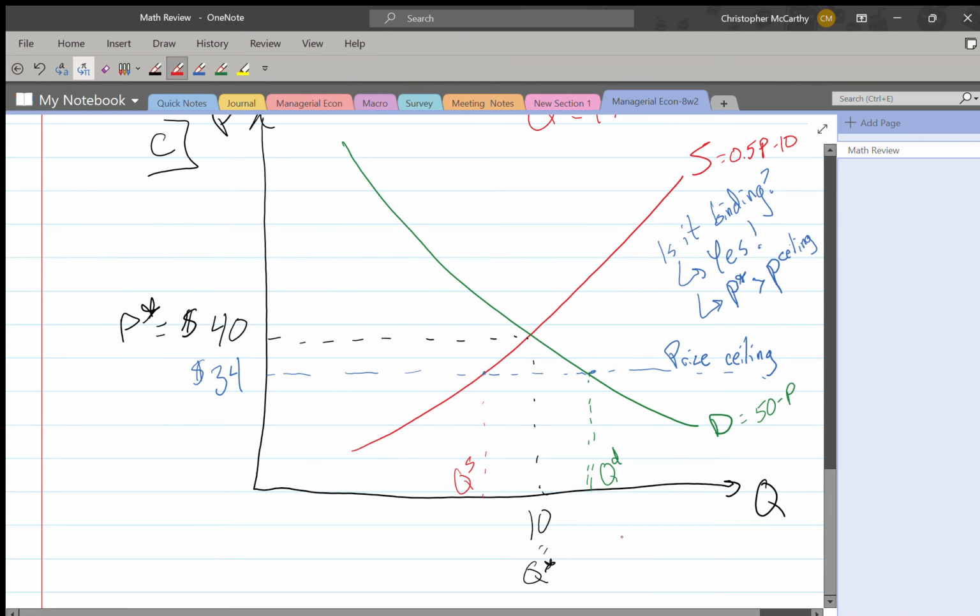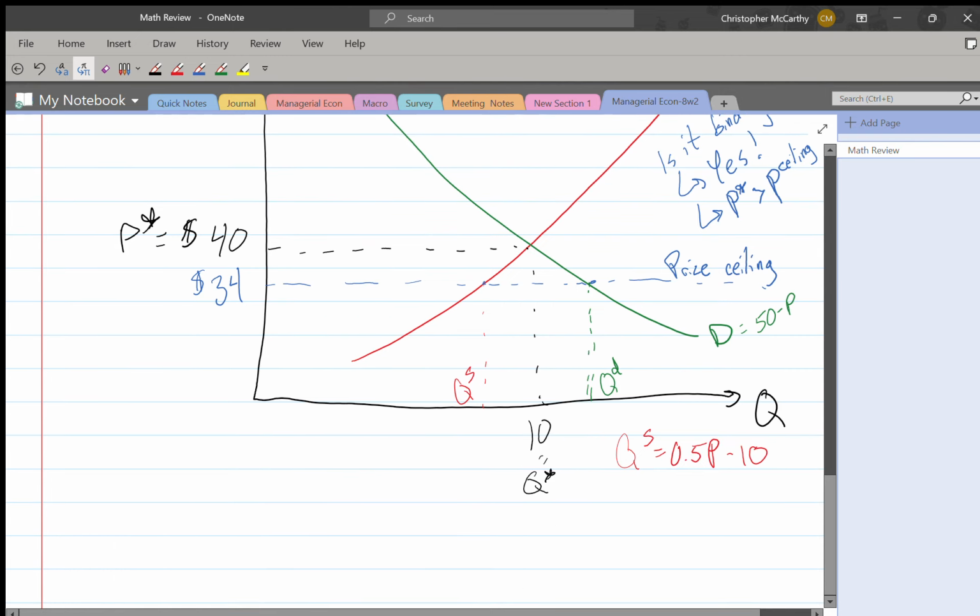Our quantity supplied, we know, is 0.5P minus 10. And so at $34, this is 17 minus 10, which equals 7 units. So at $34, there's only 7 units that are supplied.